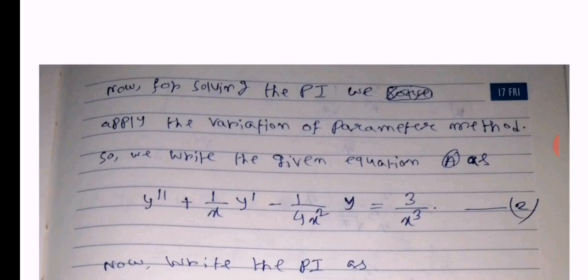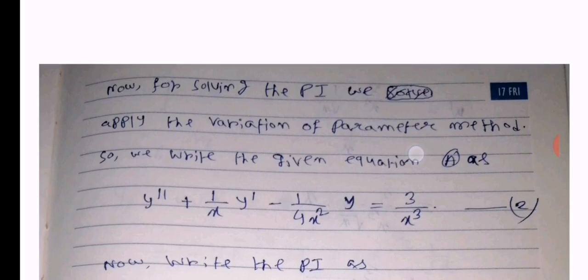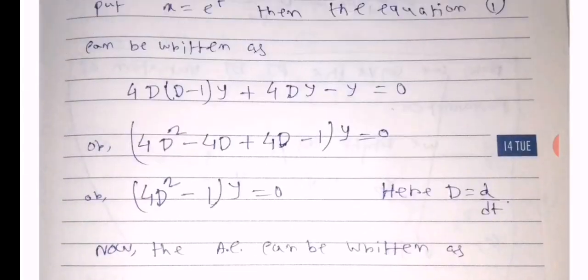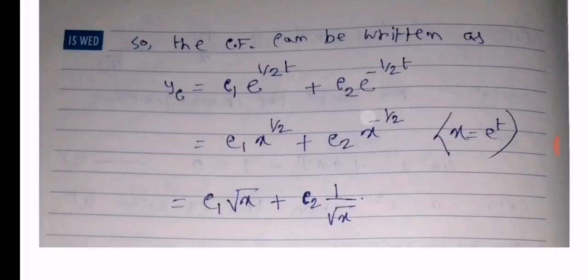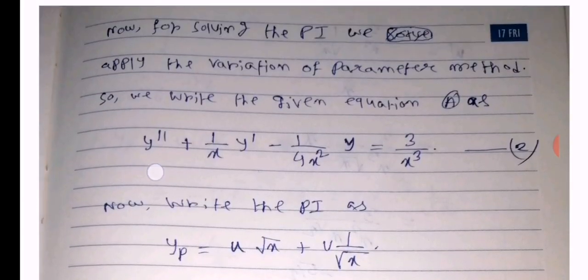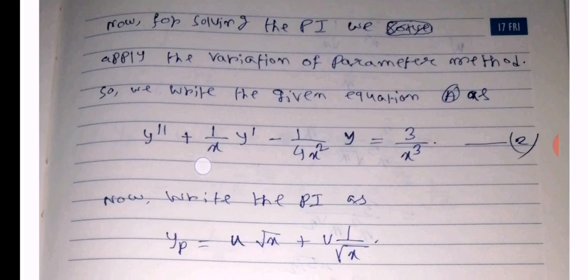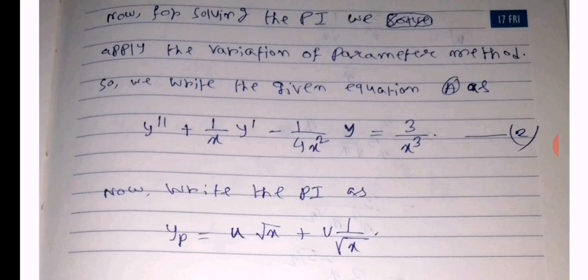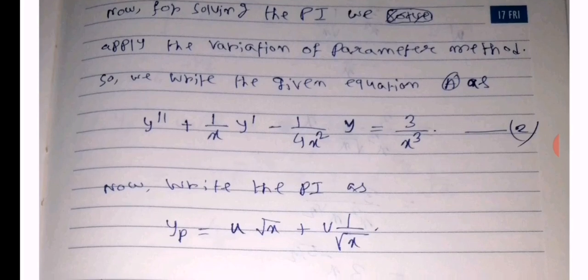You can use any method for the PI. Here we can use the variation of parameter method. For this method, the first term has no coefficient, so only the y double dash term will be there, because the variation of parameter equation form is y double dash plus a0 y dash plus a1 y equal to some f(x).